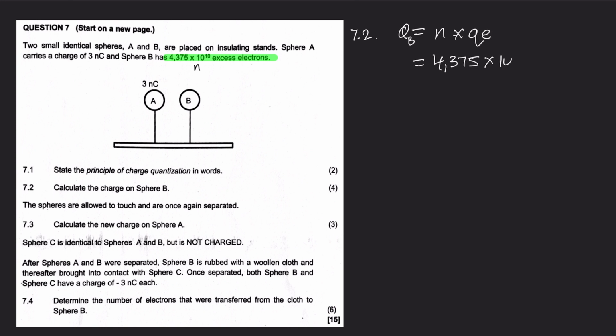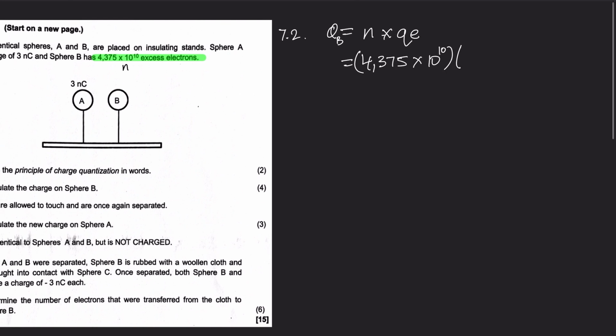4,375 times 10 to the power of 10, and we are multiplying this by minus 1,6 times 10 to the negative 19. Now, I'm multiplying it by negative because remember, electrons carry a negative charge, right? And our answer is then going to be minus 7 times 10 to the minus 9 coulombs.